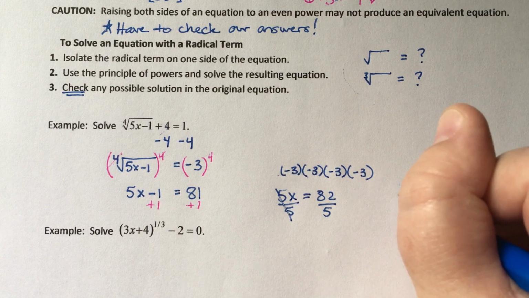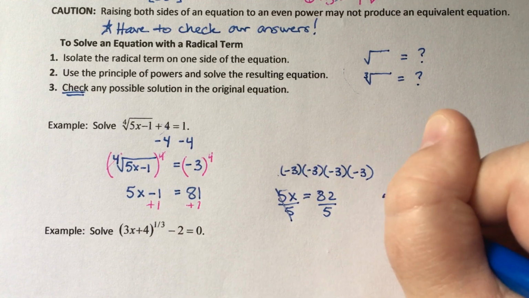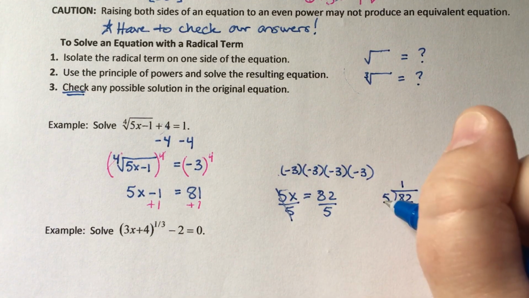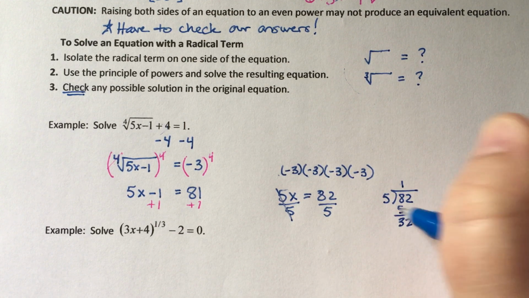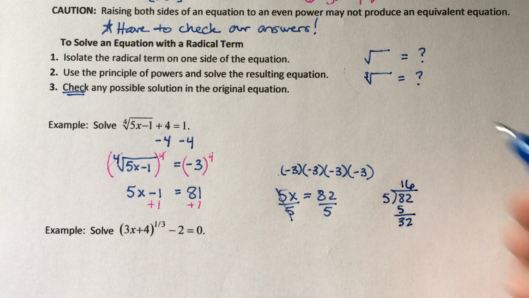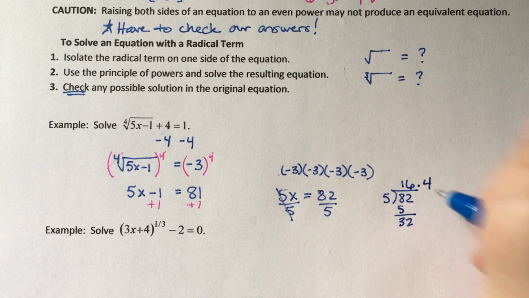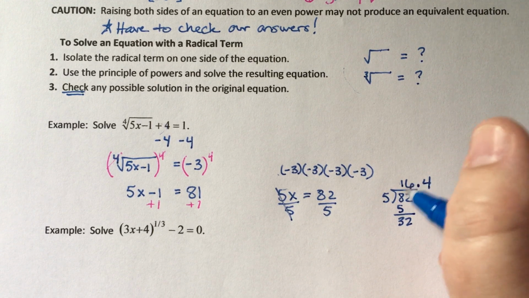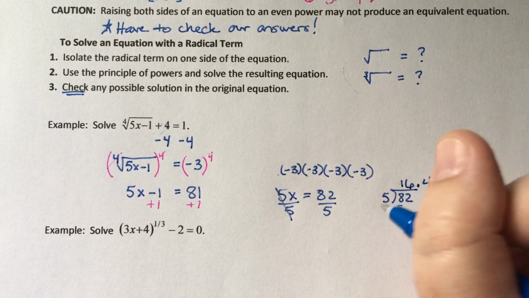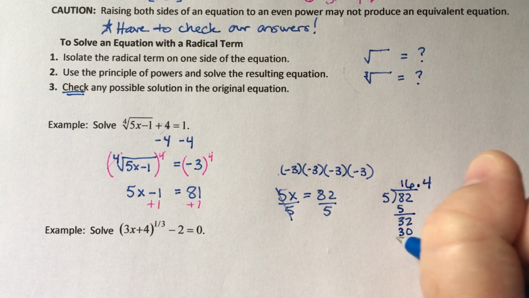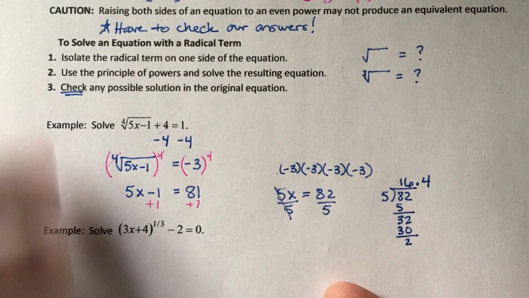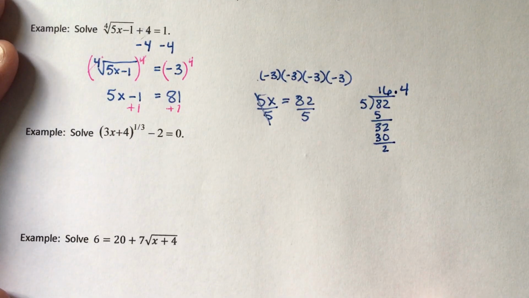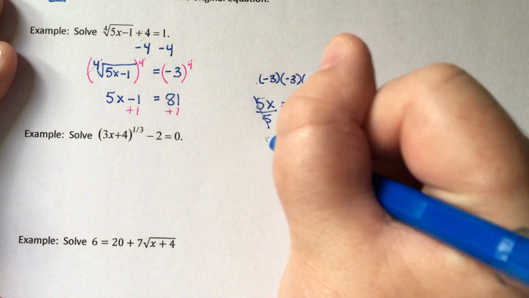I'm going to do a long division because I don't have a calculator handy. 5 goes into 8 once with 3 left over. So you could probably use a calculator. I got 16.4. The 6 is because 5 goes into 32 6 times. And then the 0.4 is 2/5, so the remainder of 2 over 5. But yeah, that's definitely a calculator. I just didn't have one handy.